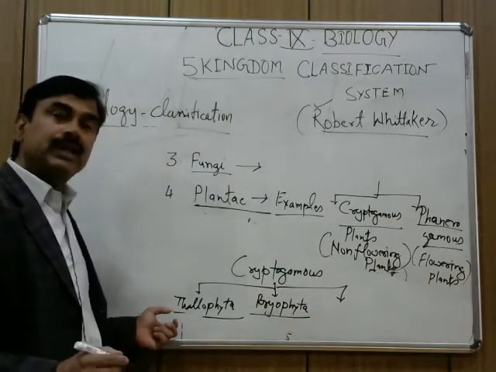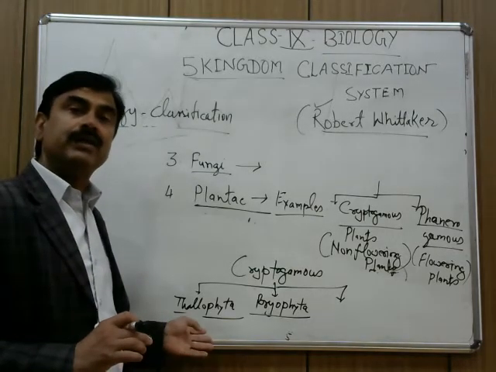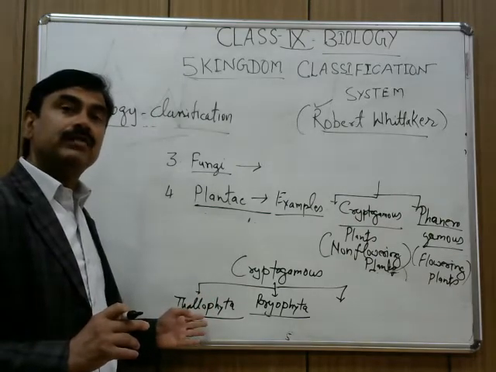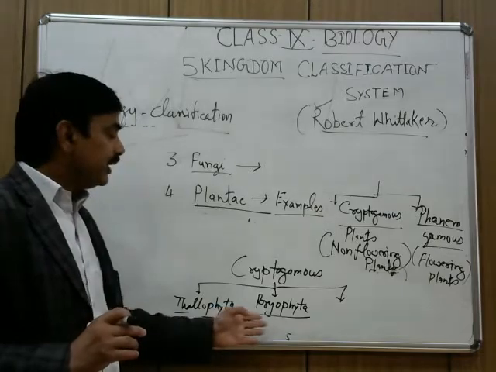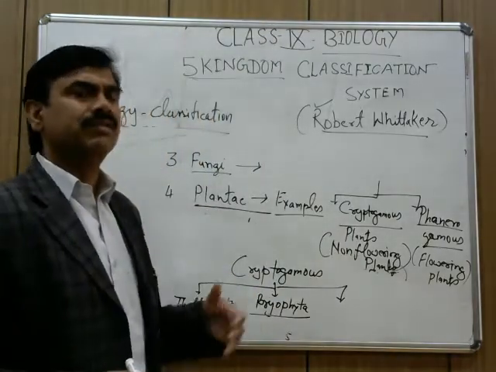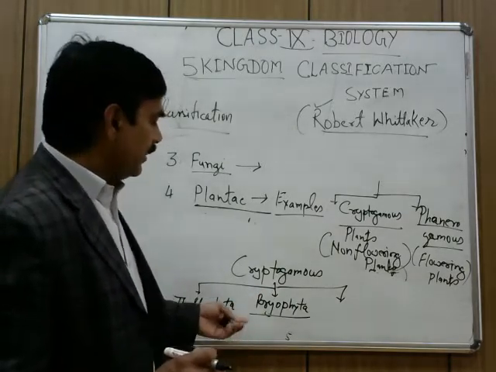In the Thallophyta, you must remember Volvox, Oedogonium, Spirogyra. There are many examples. In the Bryophyta, Riccia, Marchantia, Anthoceros are examples of the Bryophyta category.